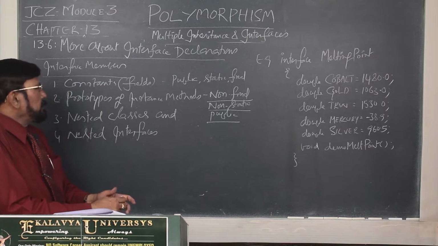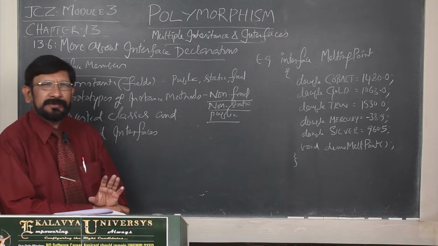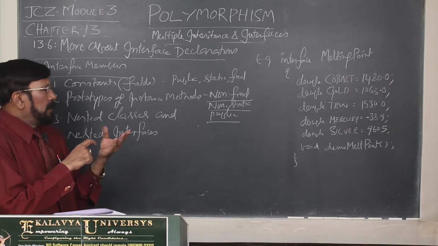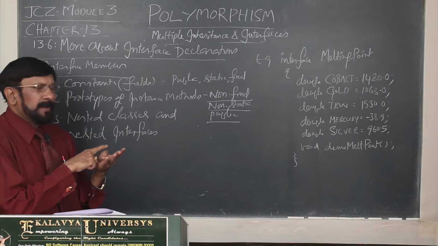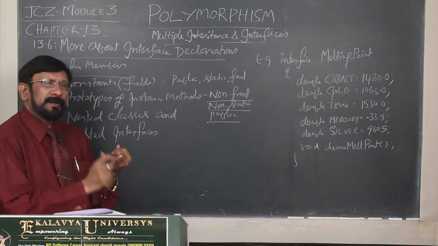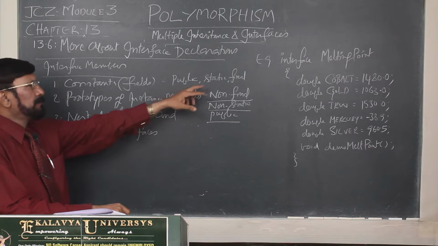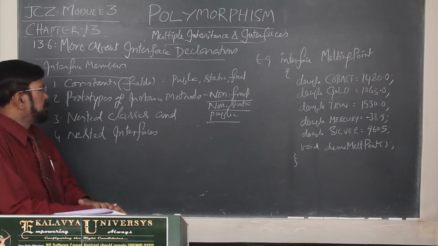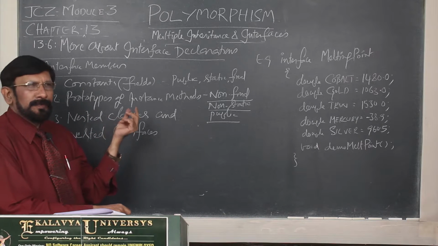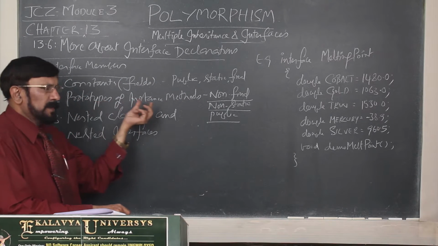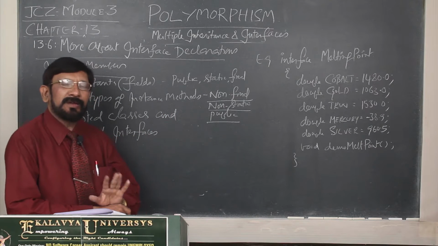So, which type of members are allowed for interface? Simply public, static, final fields, which are nothing but static constants, are allowed. Second one, non-final, non-static prototypes of instance methods are allowed.